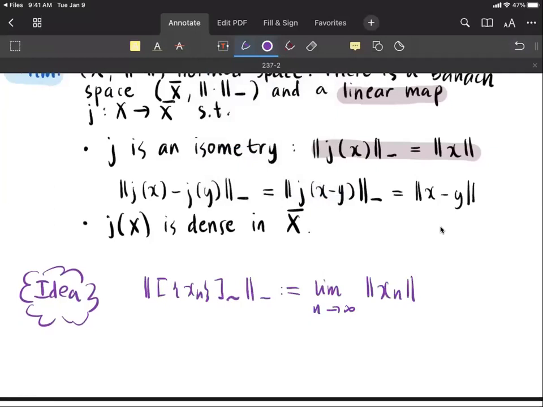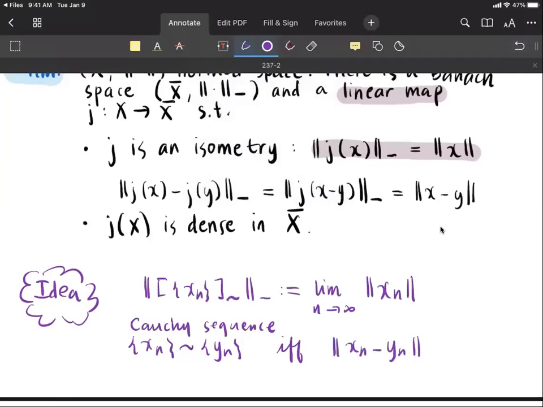So you follow the same equivalence relation. Here, x sub n is related to y sub n. So two Cauchy sequences are related if and only if the distance between the corresponding terms tends to 0. But since we are in the case of norm spaces, one can formulate that as the norm of the difference of the terms.